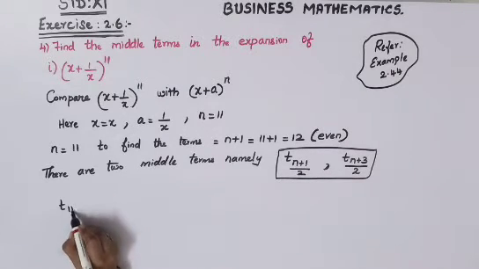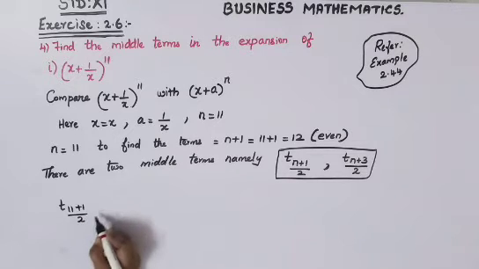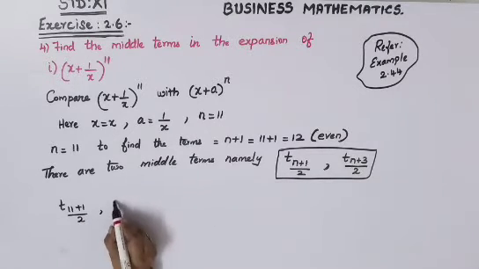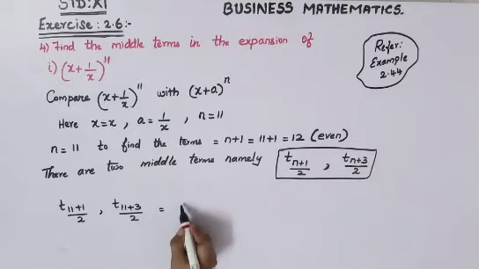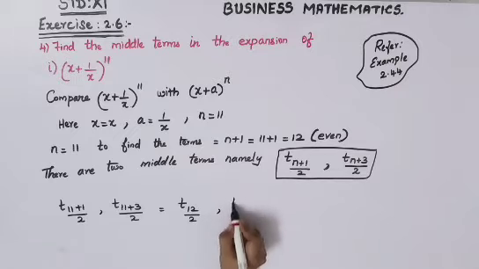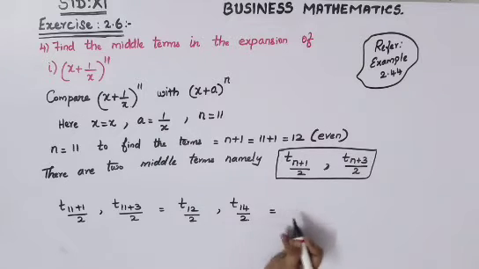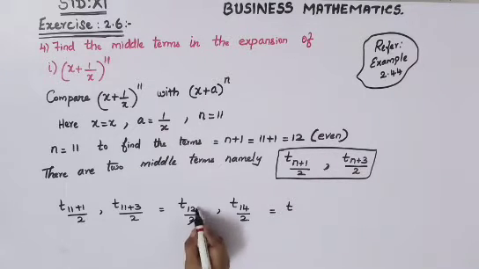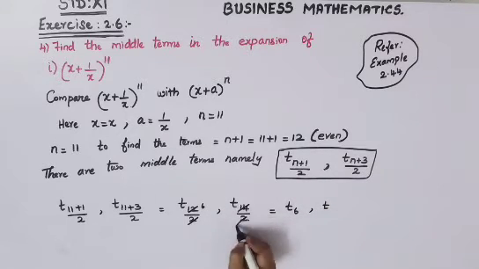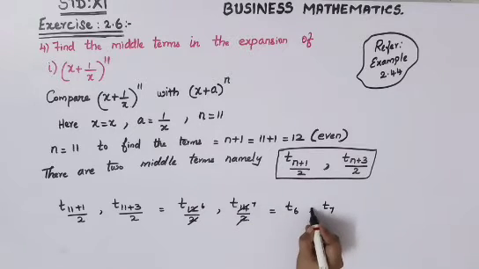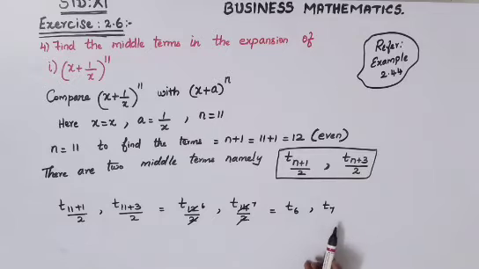So you get T(11+1)/2, comma T(11+3)/2, which is T12/2, comma T14/2. Cancelling, you get T6, comma T7. So what we have to find is T6 and T7, the middle terms of your question.